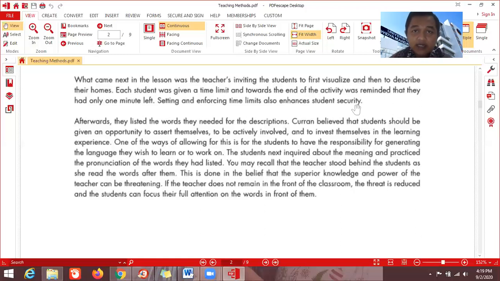In your teaching technique, you need to tell your students or the members of your English club, all right, friends, we need 5 minutes to create this role play, and we have 5 minutes to perform it in front of the class, and another 5 minutes for the feedback provision, for example. Apart from that, it will help you manage the class.